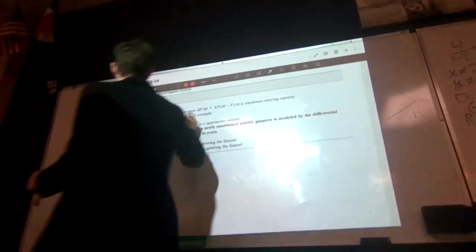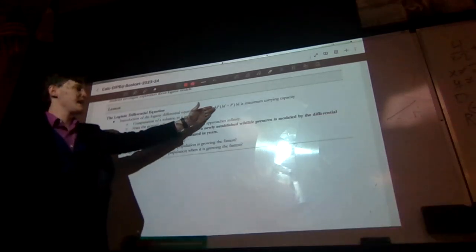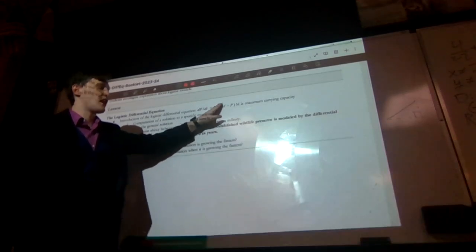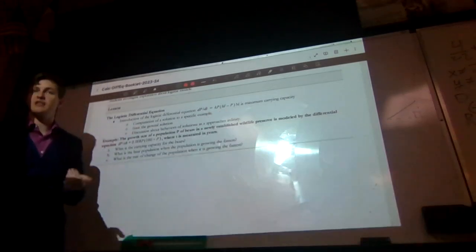So here is our formula for a logistic function, where we have k times the population multiplied by some maximum carrying capacity. As we talked yesterday, if we let the bacteria grow, they would grow bigger than the universe, correct? After a certain amount of time. However, why can't they do that?